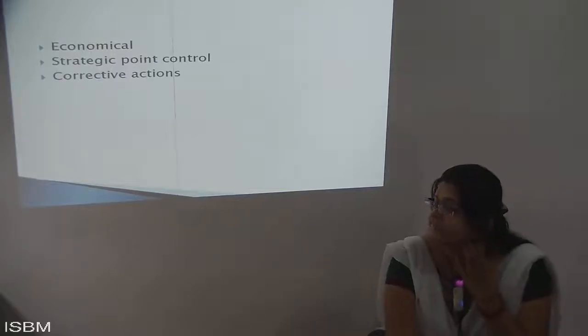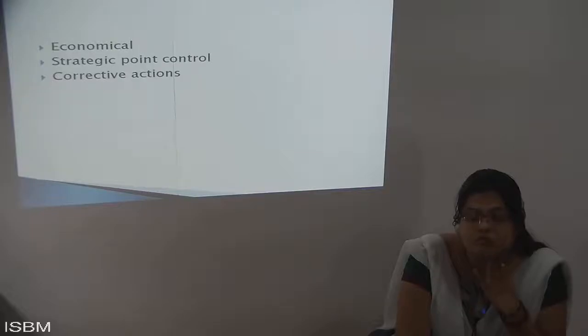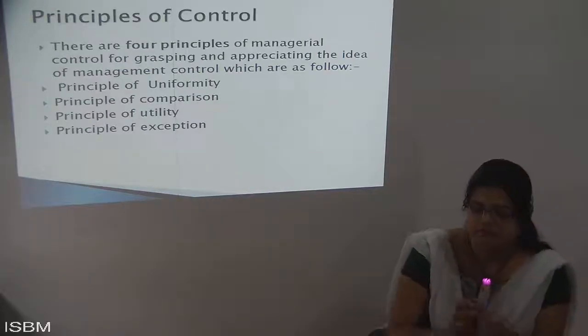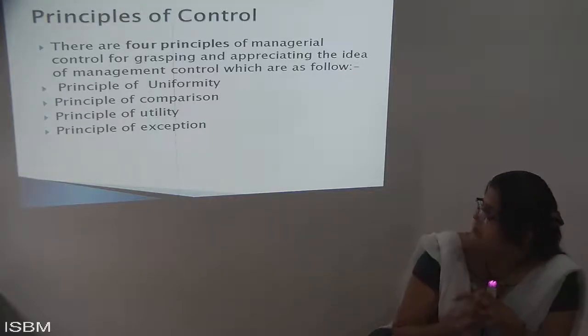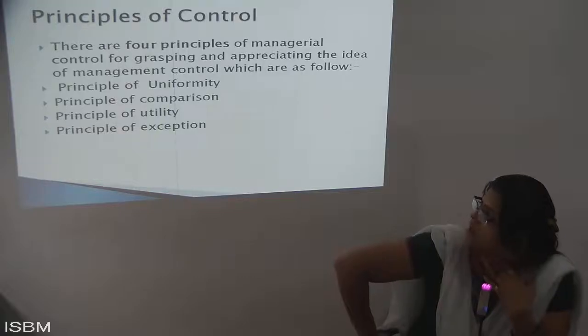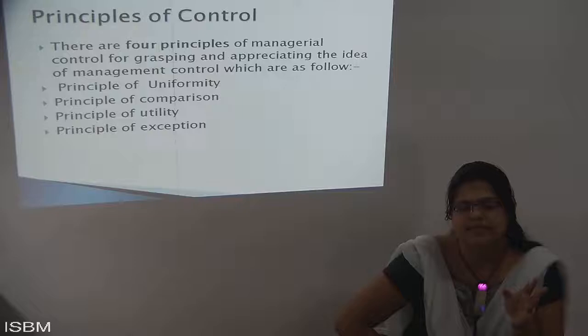So with this, if each and every controlling measure goes in the right direction, then these are the four principles. Without the help of the four principles, you can't run any kind of management in the organization. Principles in the sense are some type of rules and regulations.